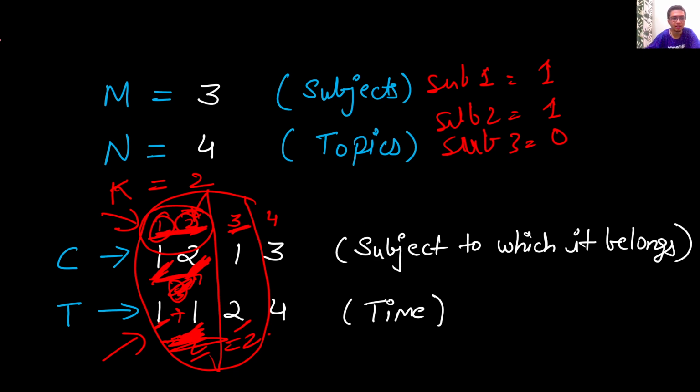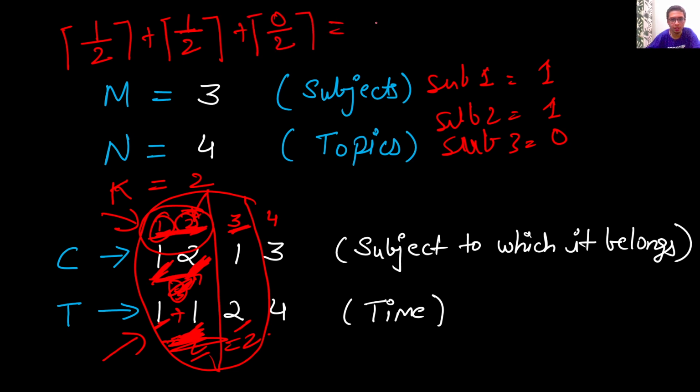In this case, my marks would be number of topics for subject 1 upon 2 and the upper bound of this, plus number of topics for subject 2 upon 2 and the upper bound of this, plus number of topics for subject 3 upon 2 and the upper bound of this, right?